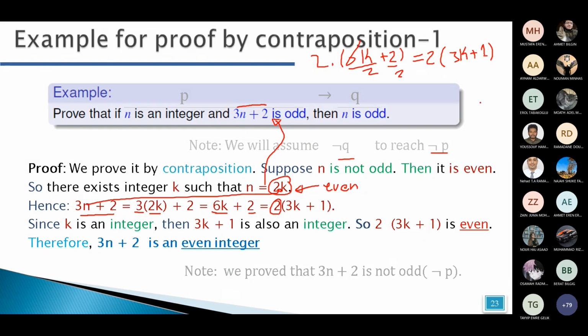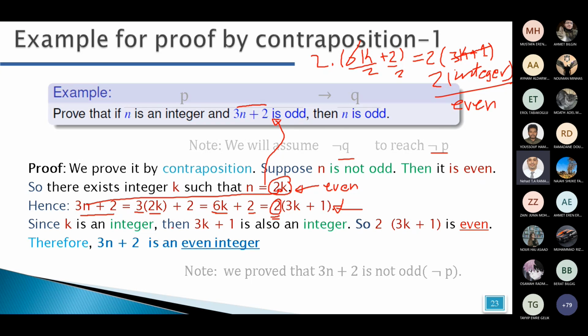So look at this one, 3k plus 1. It's an integer value, because k is an integer, yes? So 2 multiplied by any integer is even. So we reach here that 3n plus 2 is equal to 2 multiplied by 3k plus 1.